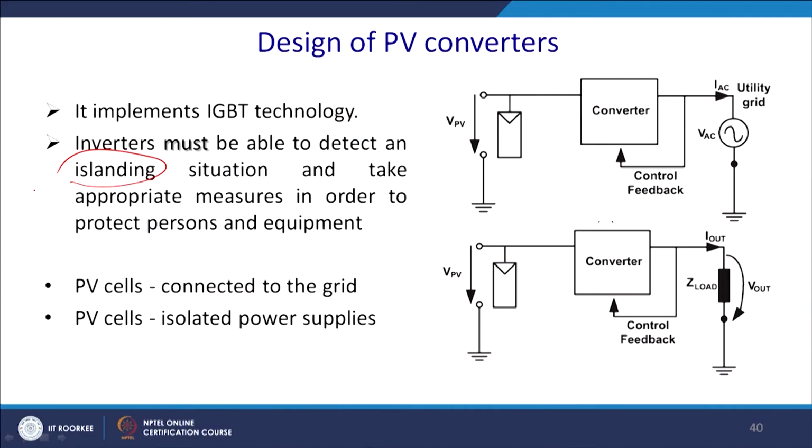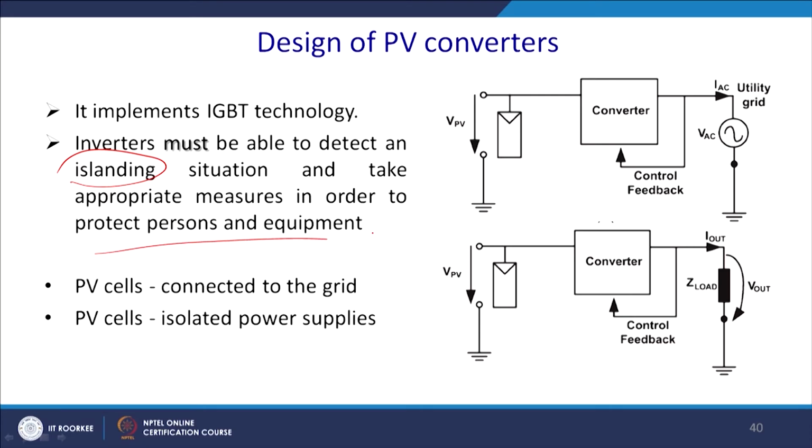When it is open circuit, the wave will be reflected back and may damage the inverter as well as the operator who thought that the grid was off. For this reason we require to detect islanding and stop the solar inverter from working for maintenance, and take appropriate measures to protect persons and the equipment. That is the reason.